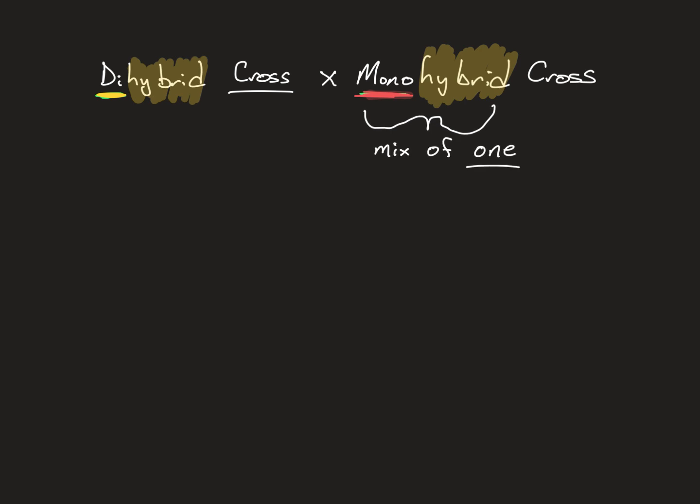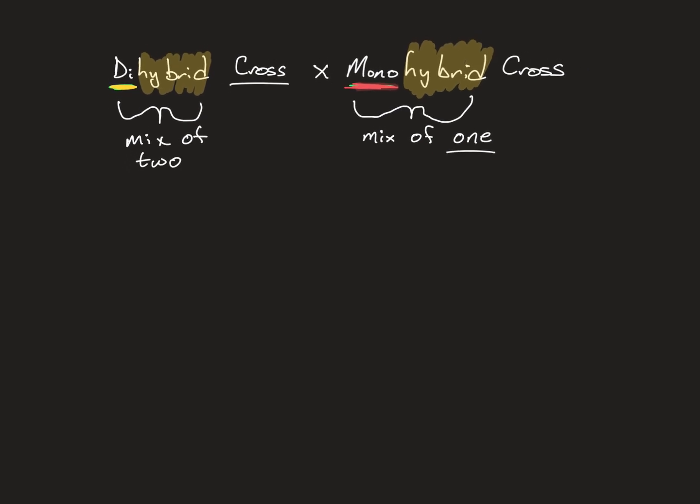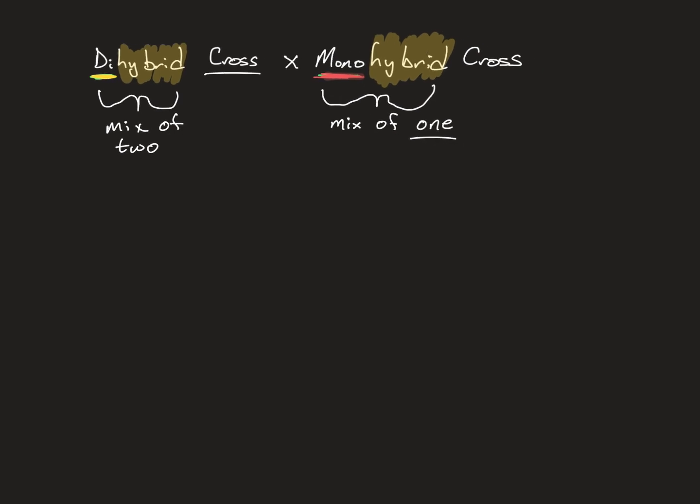That seems weird, right? How can you mix one, right? And then here is a mix of two. Now that makes a little more sense because it's two. You can mix up two. To mix up one is really strange until you think about what we're talking about. So let's go back and review really quickly.